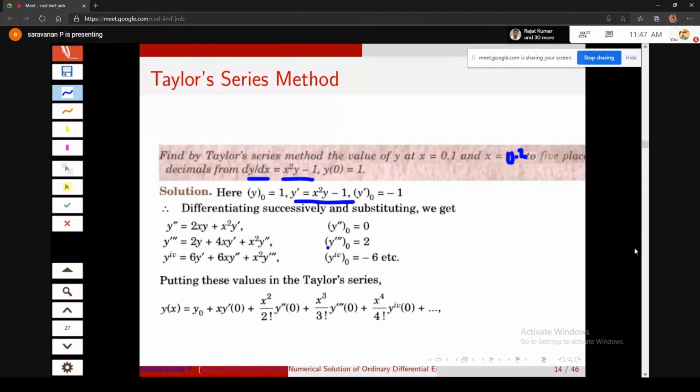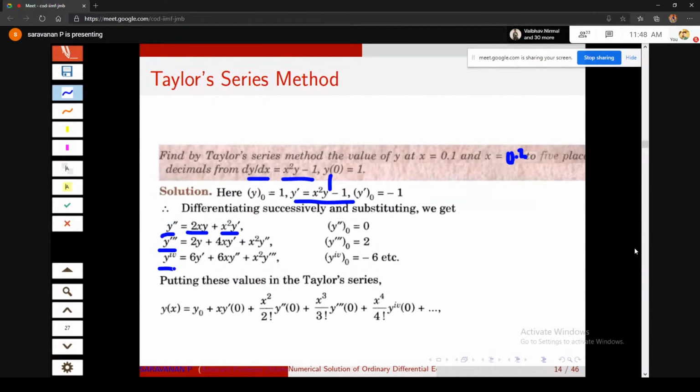So how will you find the second derivative? y double prime equal to, you differentiate this, x square y minus 1. If I differentiate x square y, it is x square y prime plus y into 2x. If I differentiate minus 1, 0. Then again you differentiate, find the third derivative and fourth derivative.